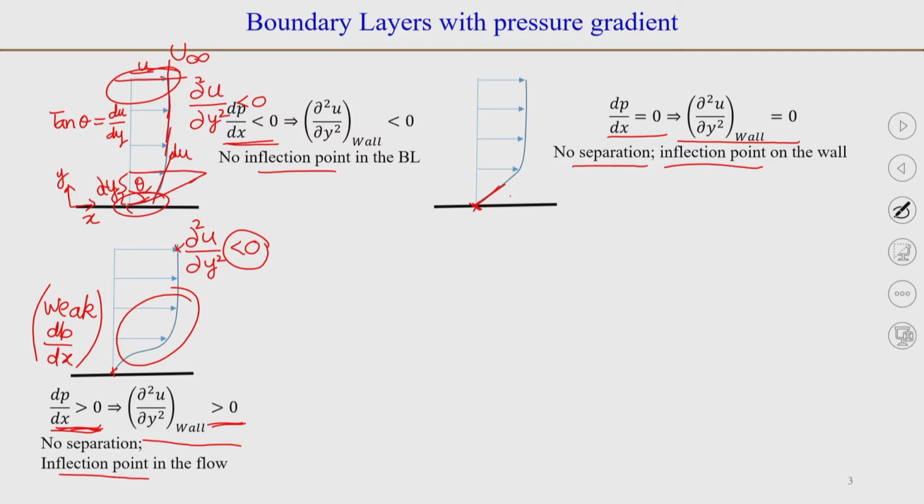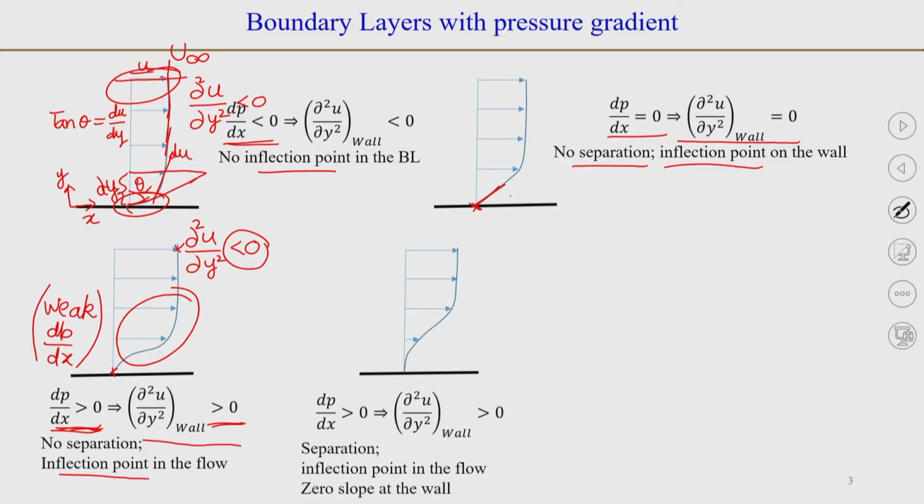slope becomes 0. Now, the next case, if you have moderate dP by dx. So, dP by dx as we go along in this direction, let us consider the case that dP by dx is increasing. So, we can say it has a moderate value and it is positive, moderate dP by dx, and it is such that the angle theta has become almost, or has become, 0 here.